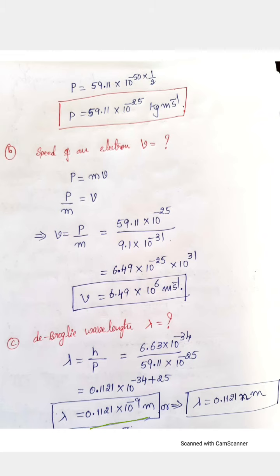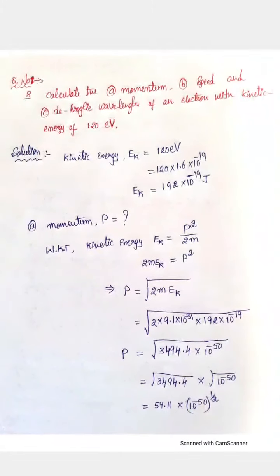Here I have written 0.1121 into 10 to the power minus 9 meter, as 10 to the power minus 9 is nothing but the prefix used to indicate nanometer. So lambda is equal to 0.1121 nanometer.